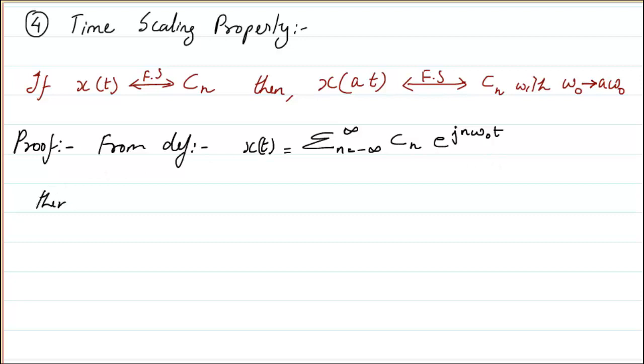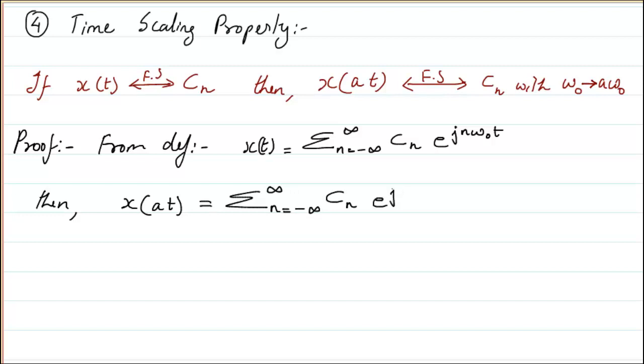You can clearly see, if I am trying to write the equation for x of at, where instead of t I substitute at, then there is no change in the summation from minus infinity to infinity.